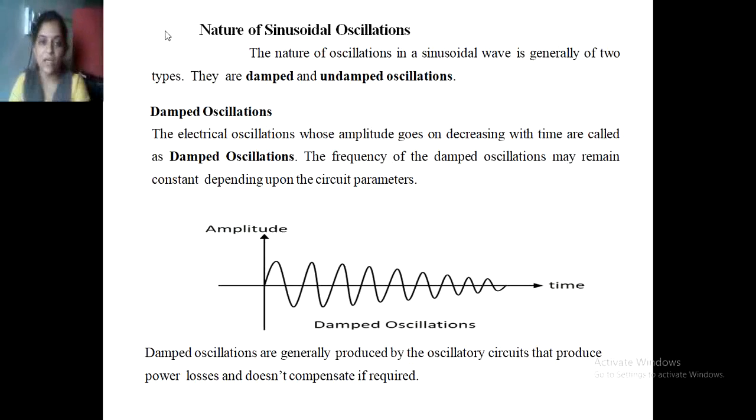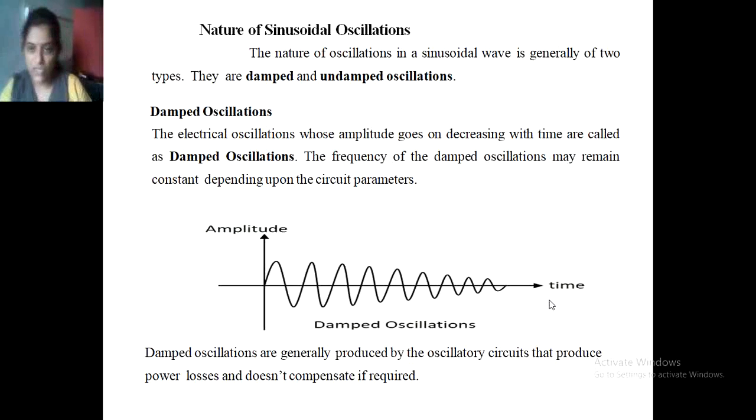The electrical oscillations whose amplitude goes on decreasing with time are called damped oscillations. The frequency of the damped oscillations may remain constant depending upon the circuit parameters.